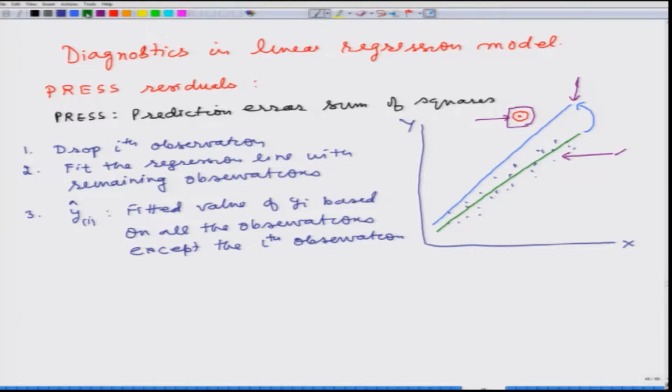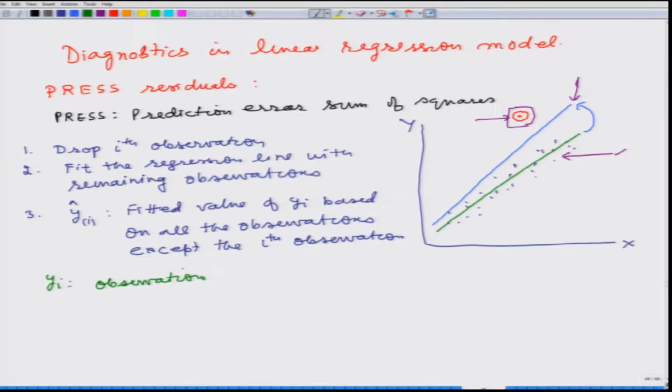Now, if you observe, yi is the observation that we have obtained from the experiment, that we have observed.